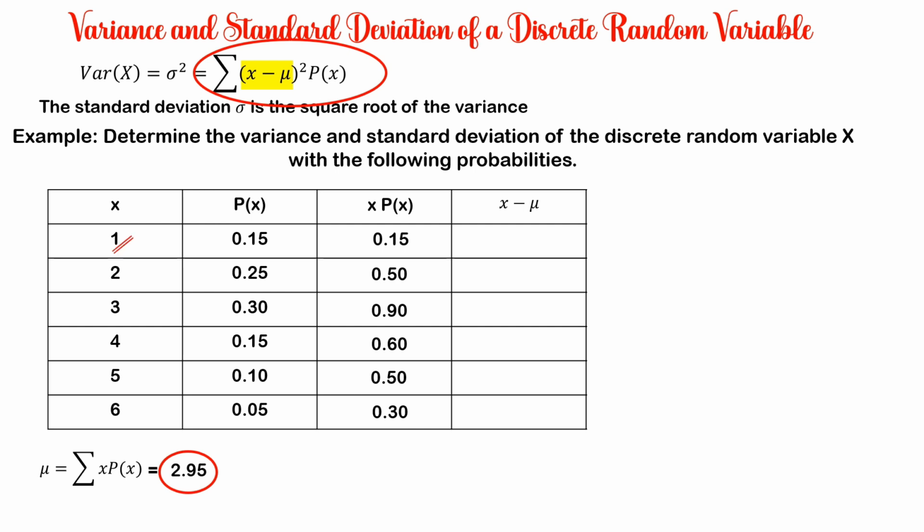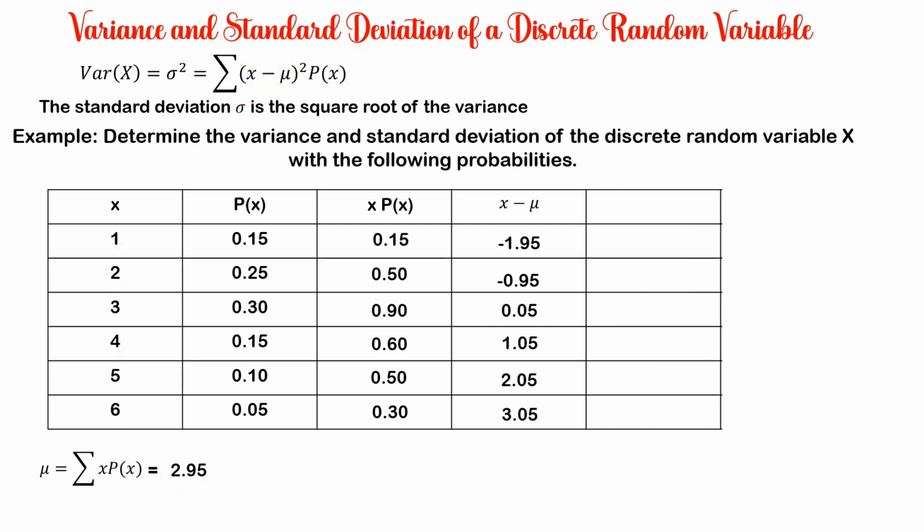First we have 1 minus 2.95 is equal to negative 1.95. 2 minus 2.95 is negative 0.95. 3 minus 2.95 is equal to 0.05. 4 minus 2.95 is 1.05. Next, we have 5 minus 2.95 is equal to 2.05. And last, 6 minus 2.95 is equal to 3.05.